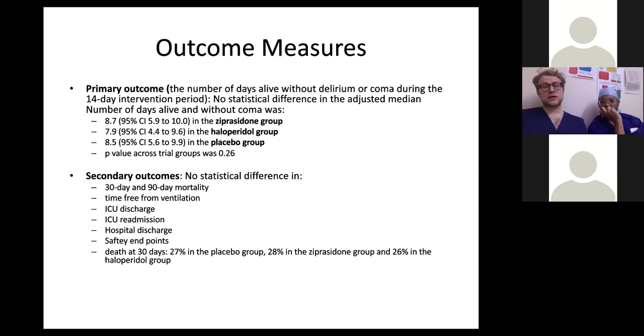And the secondary outcomes found no statistical difference between the 3 groups for 30-day mortality, 90-day mortality, time free from ventilation, ICU discharge, readmission, hospital discharge, safety endpoints, and death at 30 days. So no difference between the 3 groups, placebo, haloperidol, or ziprasidone.